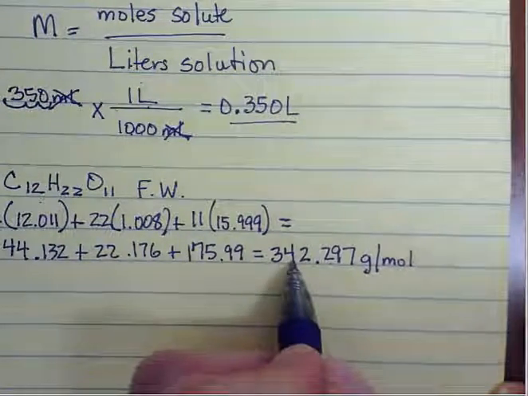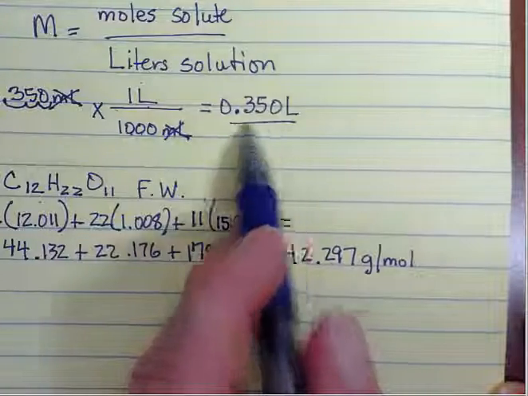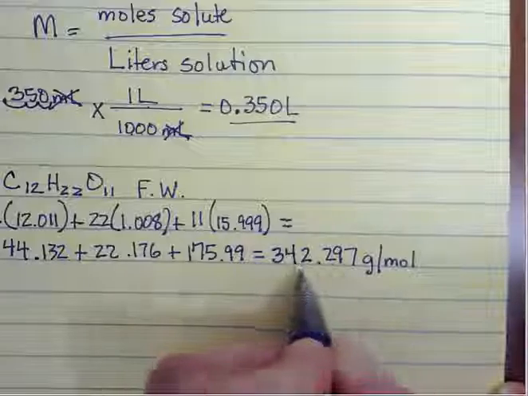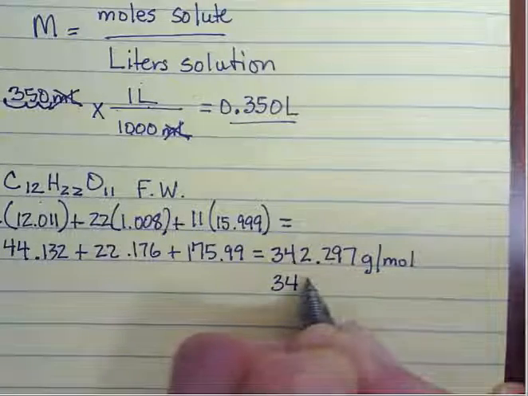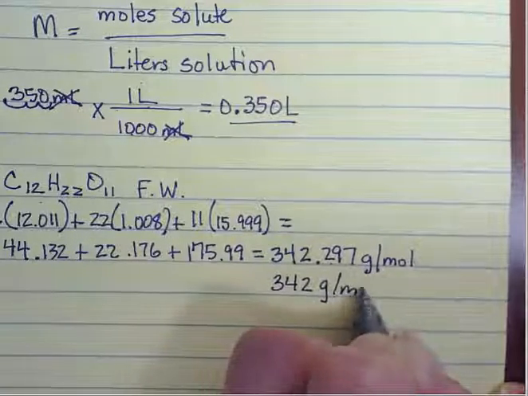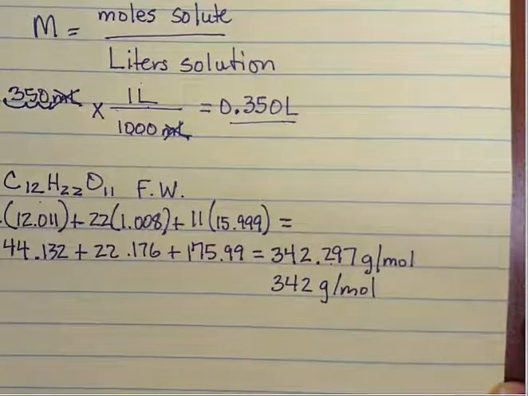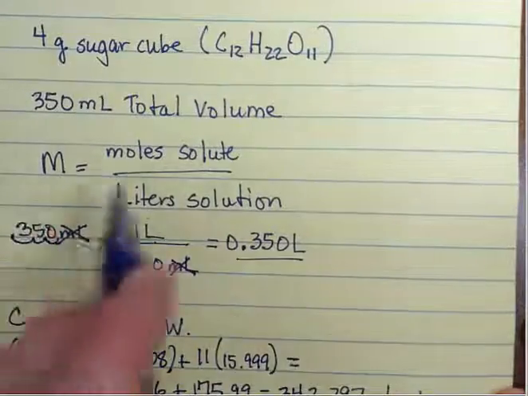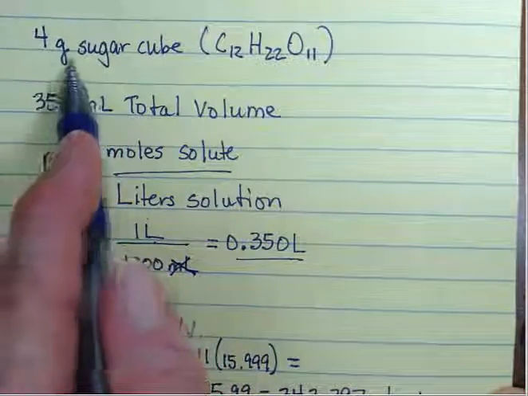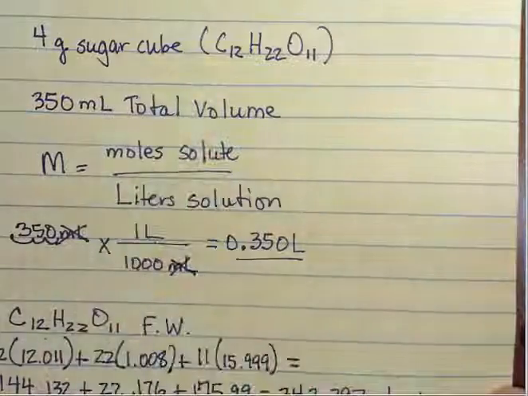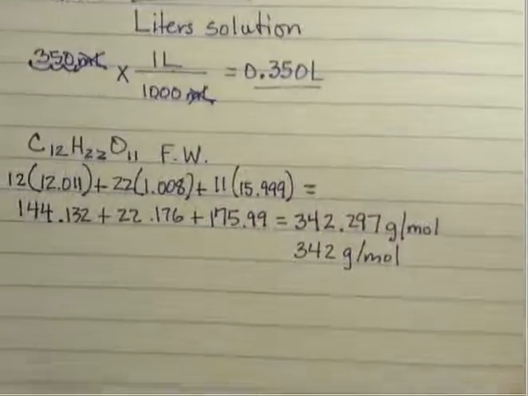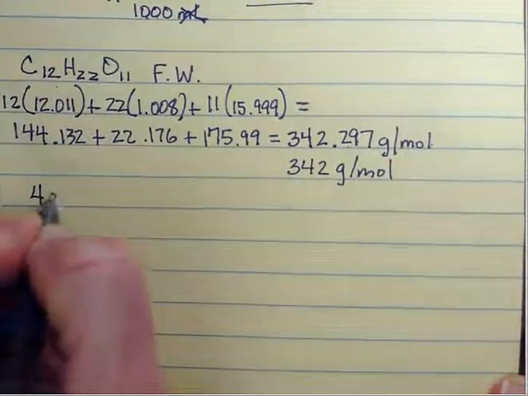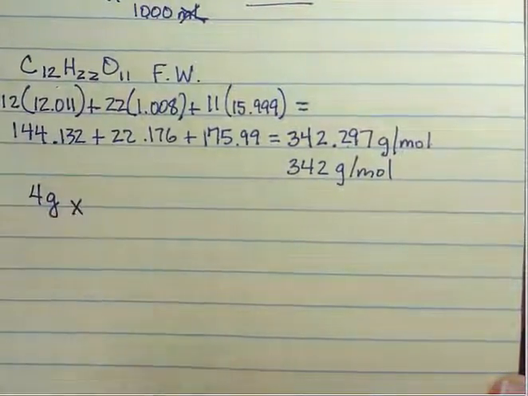So we can round this because our total volume is going to be 3 significant figures in this case. So we can just round this to 342 grams per mole, and we can use that in our equation. So we need to convert our amount of sugar in our sugar cube, which again was 4 grams, into the moles that we have of the sugar. So we're starting out with 4 grams, and we want to convert that to moles.